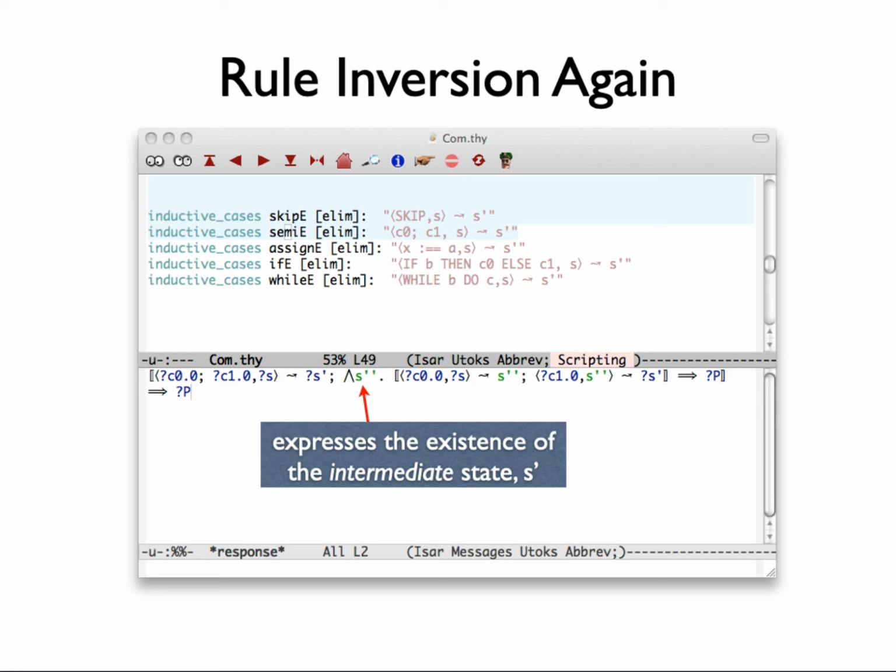So rewrite rules that will replace, let's say in that example there, C0 semicolon C1 terminating in S prime, replace it by the formula that says there exists S double prime such that blah, blah, blah, blah, blah. And you can rewrite with those instead.